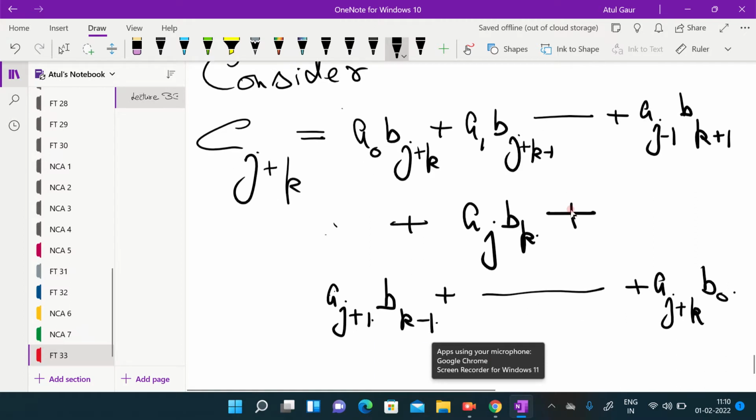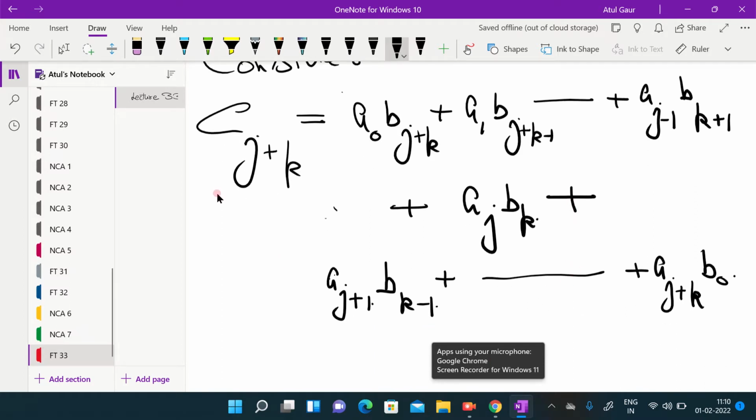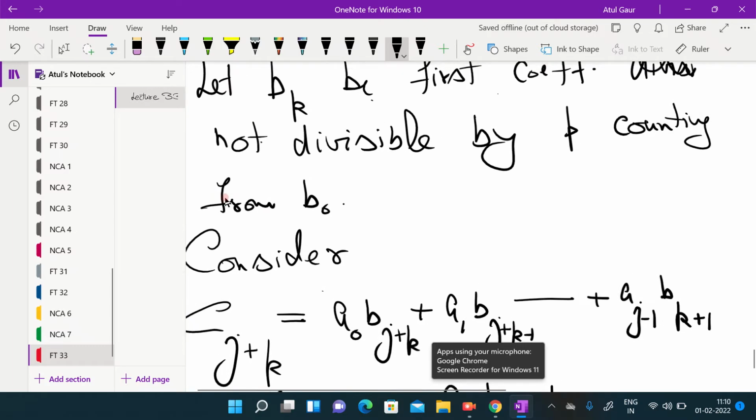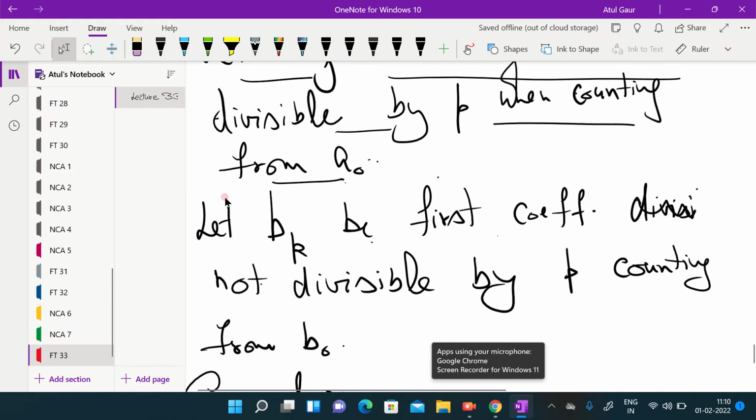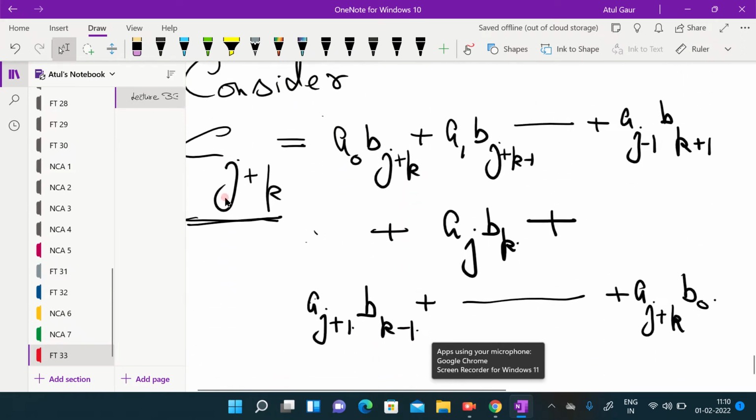So the point is, the information you are having is कि p इसको डिवाइड नहीं करता. सॉरी, ये p तो gcd ऑफ fg को डिवाइड कर रहा था ना, तो p ci इसको डिवाइड कर रहा है for all i, तो p cj plus k को डिवाइड कर रहा है, right? So p divides this and p divides this because p divides a0, p divides a1, up to aj minus 1.